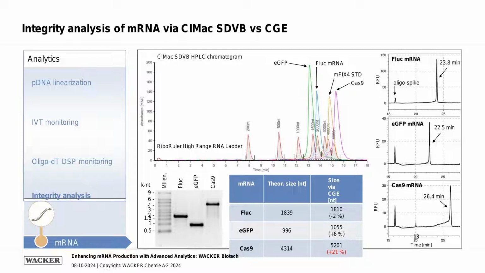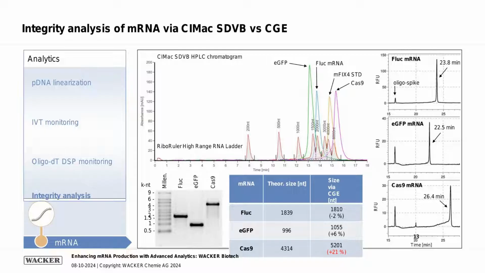Here for the high range RNA ladder, you can nicely see from 200 to 6,000 nucleotides how the RNA is being separated. Also, our 4 mRNAs we tested, EGFP, fluc, mFix, and Cas9, are separated by size. However, you are not capable of doing exact size determination using this method.